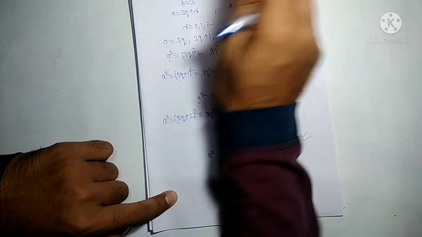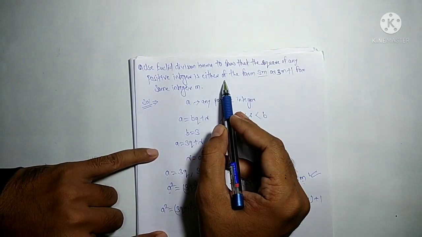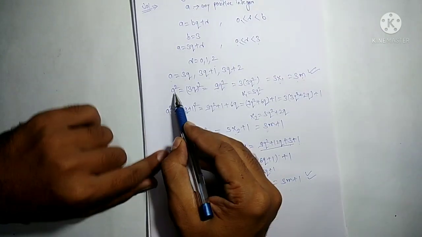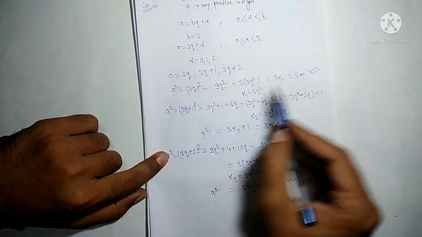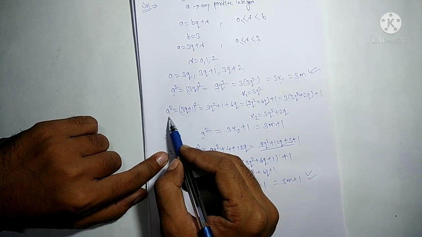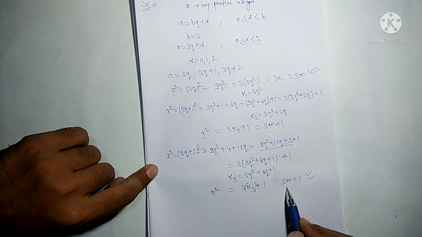That is what the question wants. The question asks us to show that the square of any positive integer is either of the form 3m or 3m + 1. Here we proved the square of a positive integer is in the form 3m, another is 3m + 1, and the third is 3m + 1.